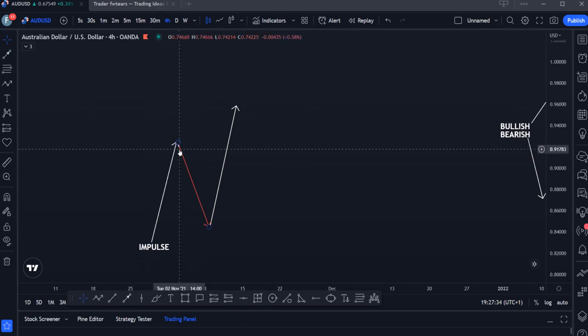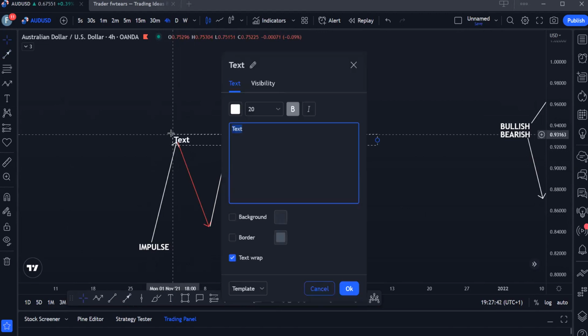And then the second move, you can see the move downward, is called the correction, or some people call it retracement. Some call it pullback.